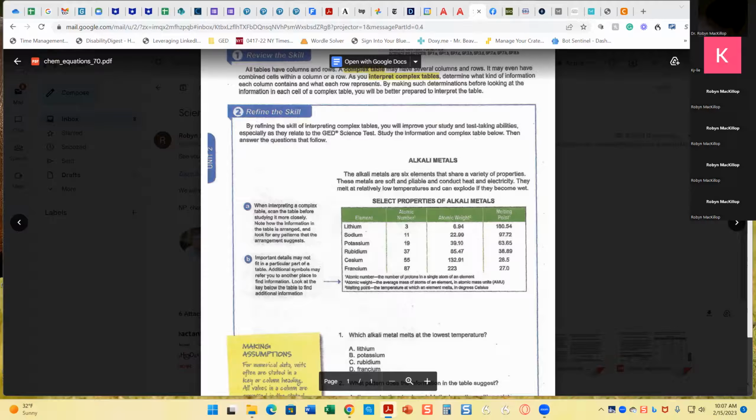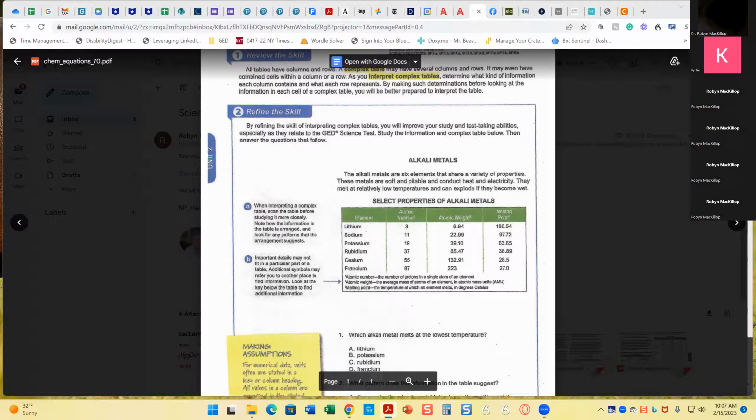So we're comparing these two columns. The greater the weight, the lower the melting point. Is that true or false? True. It's true, yeah. And A is the right answer.